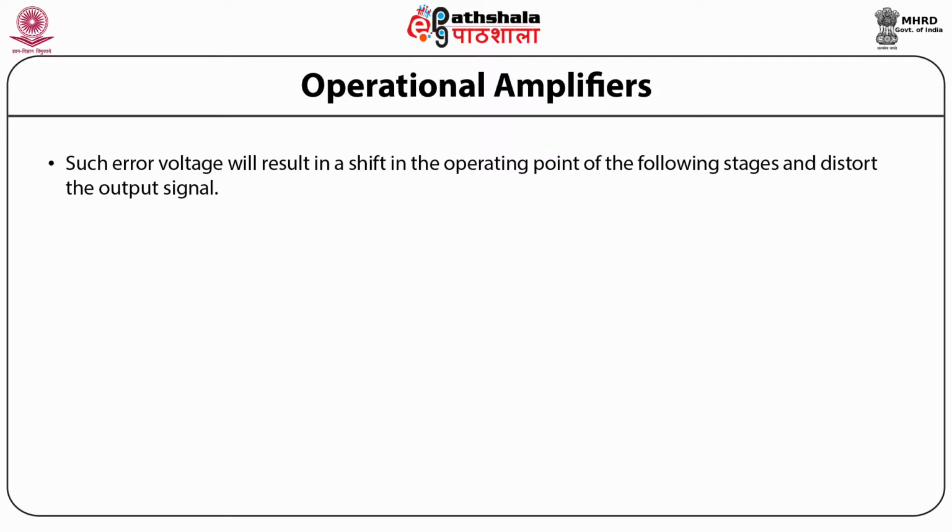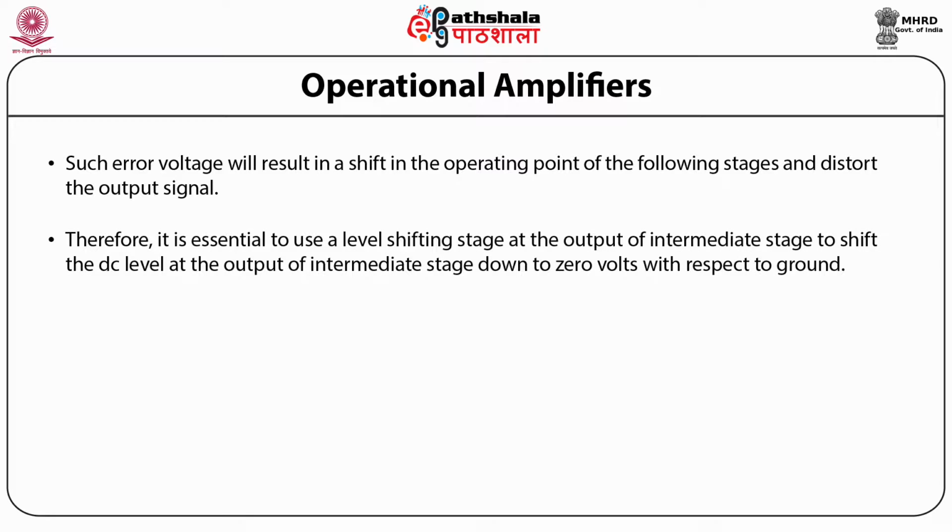Such error voltage will result in a shift in the operating point of the following stages and distort the output signal. Therefore, it is essential to use a level shifting stage at the output of intermediate stage to shift the DC level at the output of intermediate stage down to 0 volts with respect to ground.